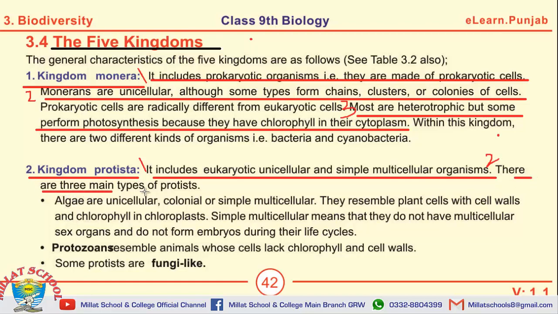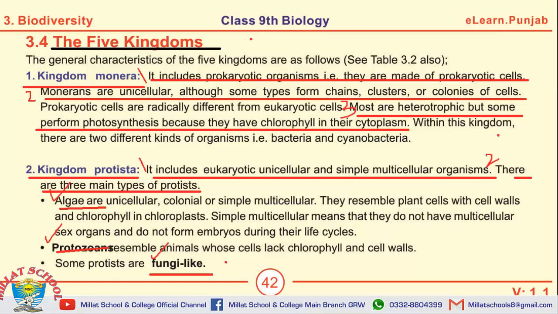These are algae, protozoan, and fungi-like. So these are the three groups of kingdom Protista. The question may also be asked, write the three groups of kingdom Protista. Then the answer will be algae, protozoan, and fungi-like.